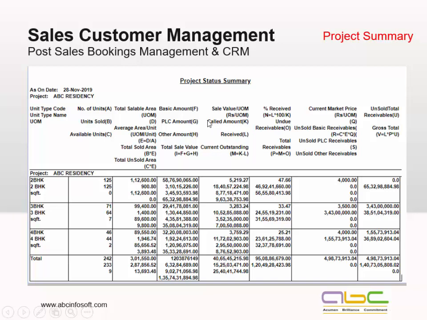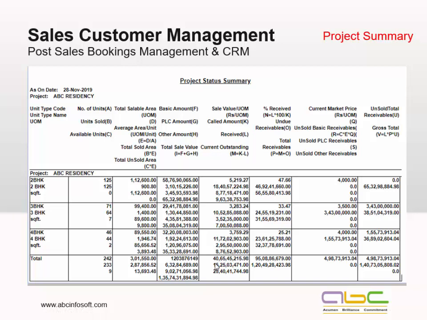Now, the most important thing is my called amount, received amount and outstanding. In this 3 BHK, let's say we have called for 10.52. We have received only 3.52 and more than 7 is the current outstanding. For the entire project, 40.65 is my called amount.